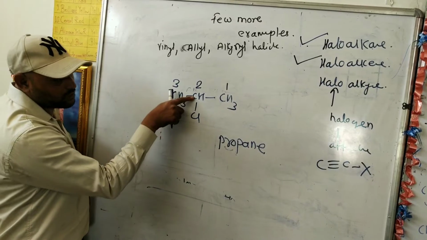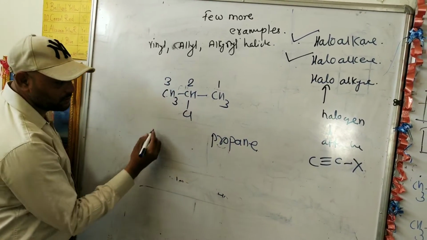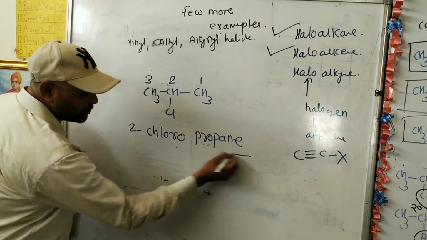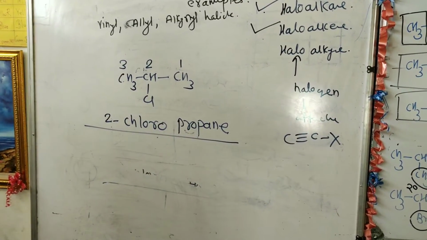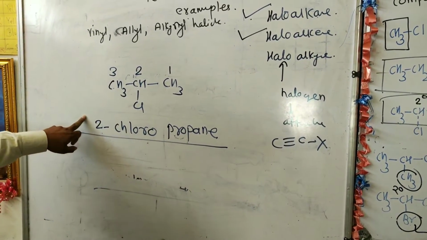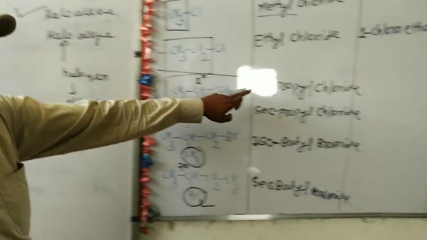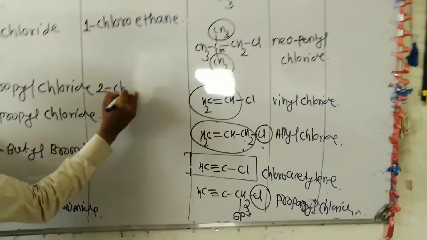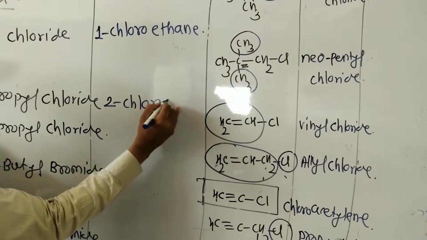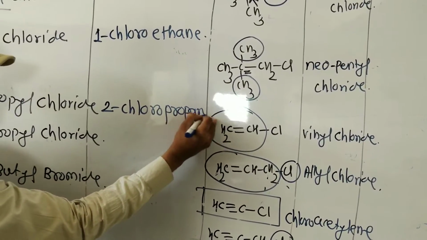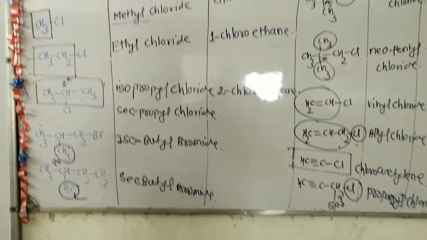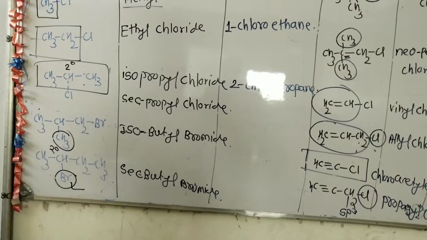And chlorine is attached to the second number carbon in the chain. So it is 2-chloropropane. So what is the IUPAC name of isopropyl chloride? 2-chloropropane. Take the next example.